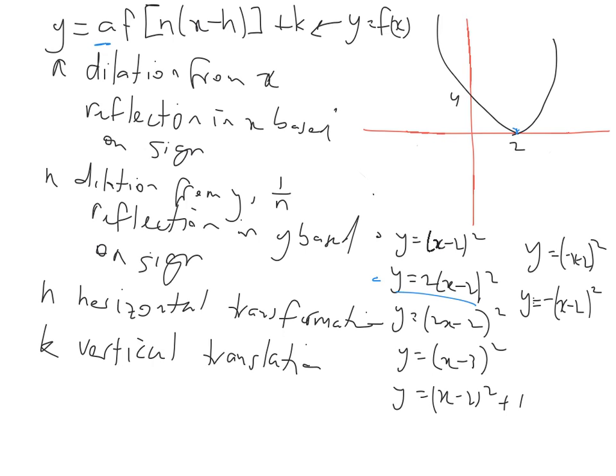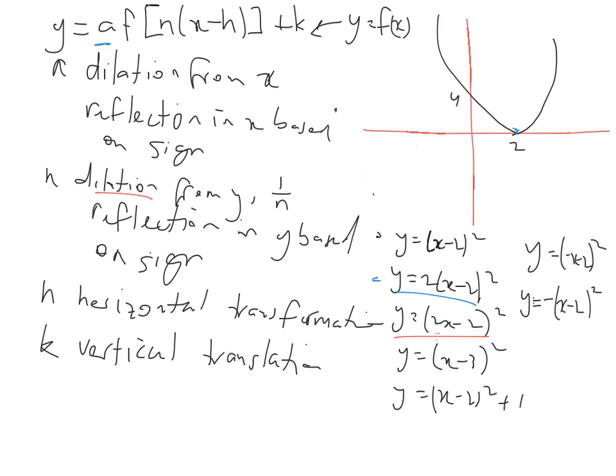Now, if we've got a 2 in front of the x, that's our value of n, like we've got there. Then what will end up happening, and I'll just get rid of that other graph, if I can do enough undos. There we go. So we're looking at 2x minus 2, all squared. What that is, is a dilation in y, so it compresses horizontally. So basically, all the x values get halved, or they're reduced by a factor of 1 on 2.